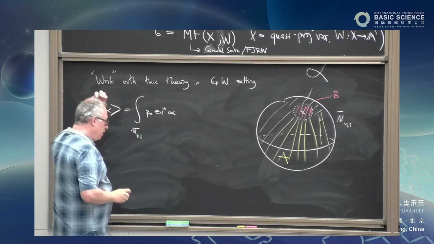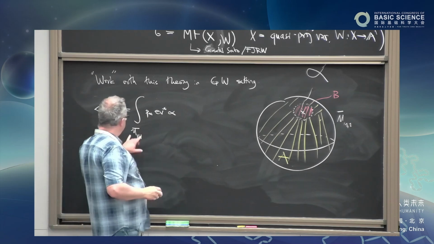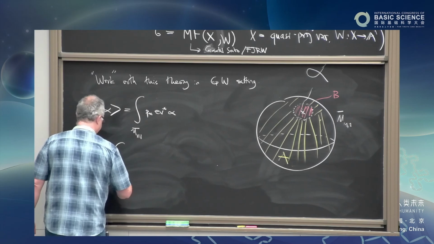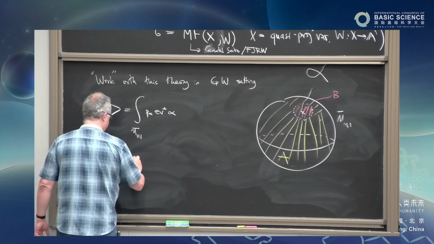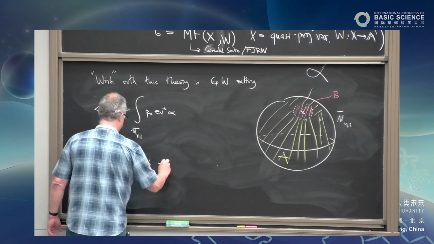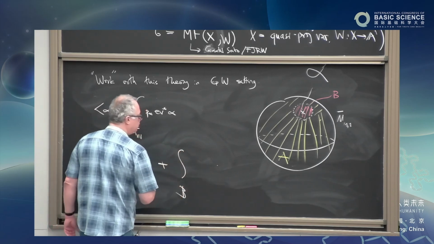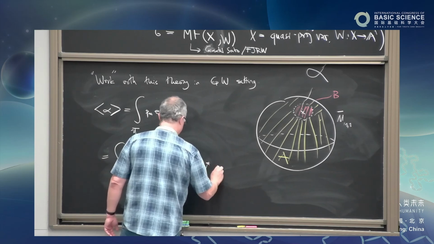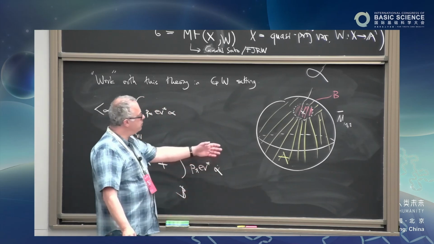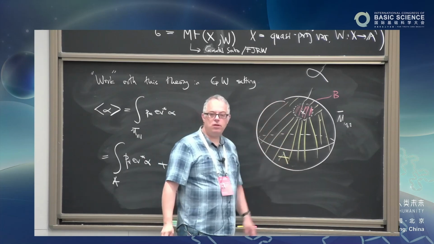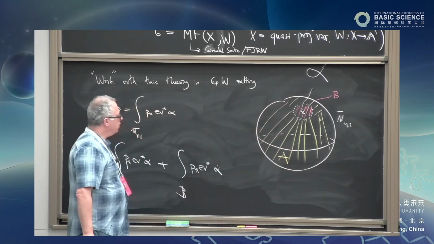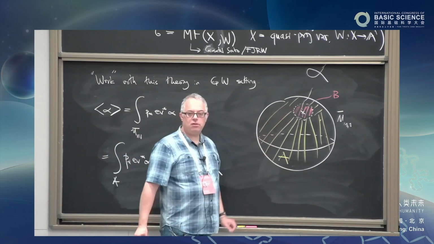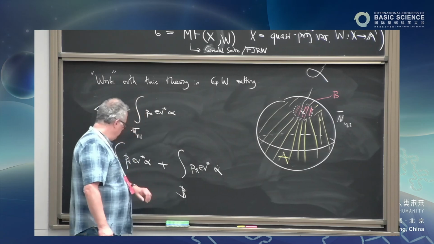Now I can rewrite this integral as a sum of two integrals. I simply integrate over A and over B, the integral on the yellow part and the integral on the red part.